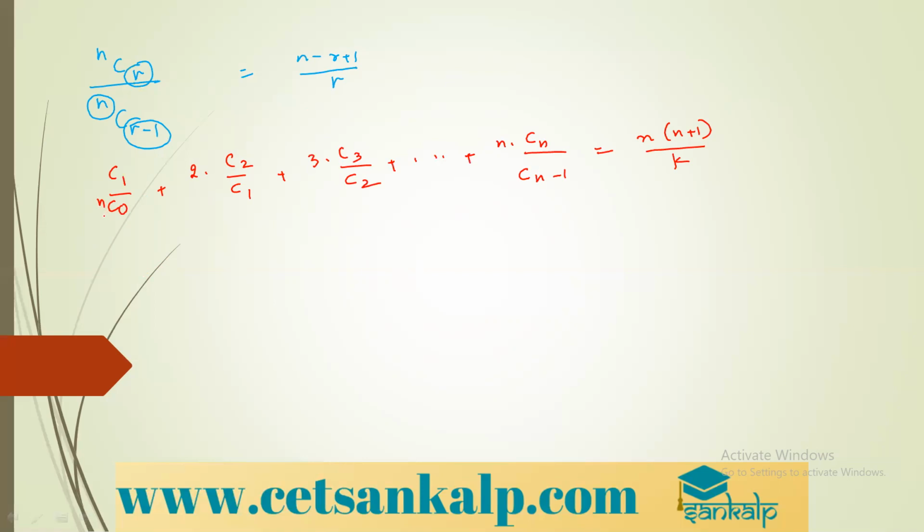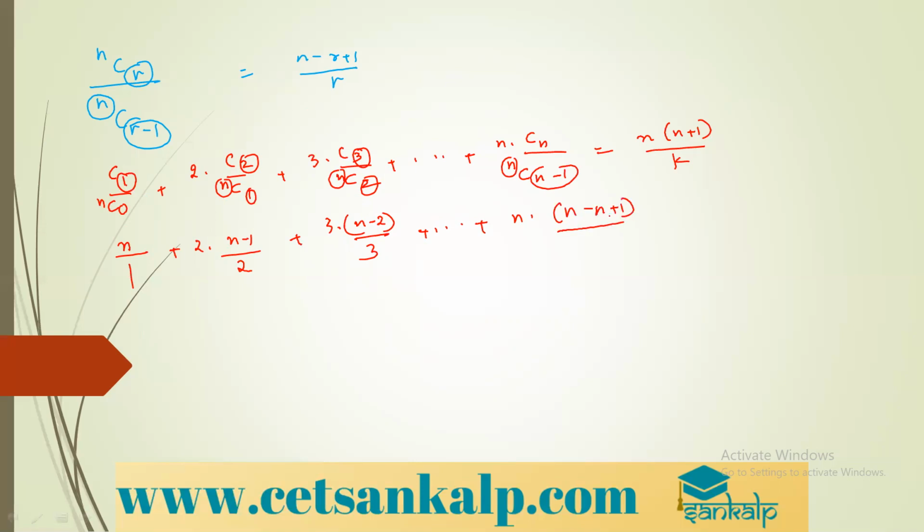How will I use this formula? Here, (n-0)/1, this one, plus 2 into (n-1)/2, 3 into (n-2)/3, like that, n into the last term, n and n-1 I have to subtract, so (n-n+1)/n, equal to n(n+1)/k.